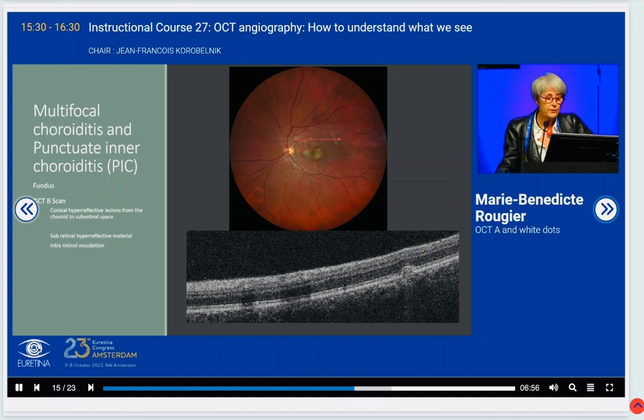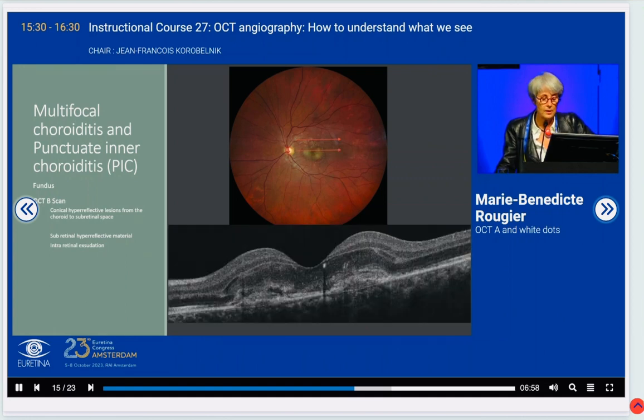And if you perform a B scan through the macula, you see that there is a hyperreflective material at the level of the subretinal space associated with exudation. And it's highly evocative of neovascular complication.